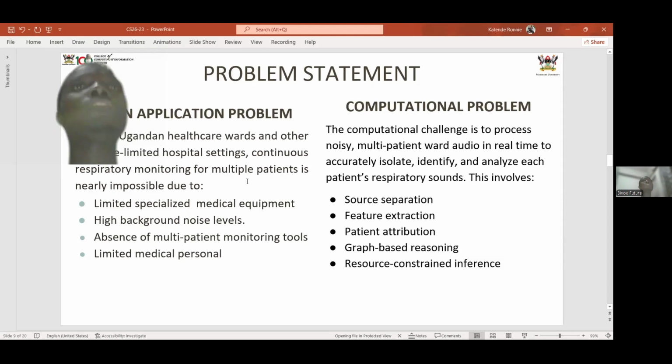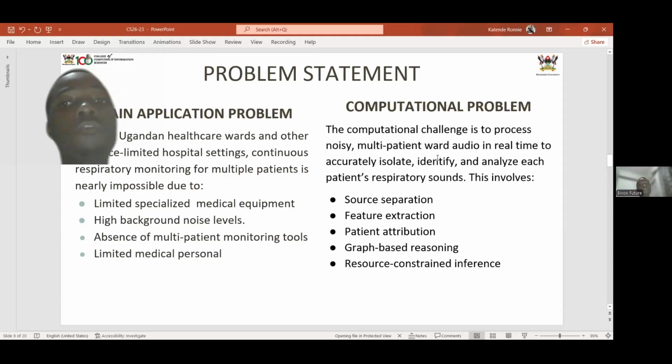Here at Kawempe, giving a reference, where I carried out my internship, I have never seen them having microphones for this target sound extraction. They just use clinicians, the nurses and doctors, to monitor the respiratory breathing of these patients. So we shall have high background noise levels. Actually, there is a lot of noise within the background. Absence of multi-patient monitoring tools, limited medical personnel.